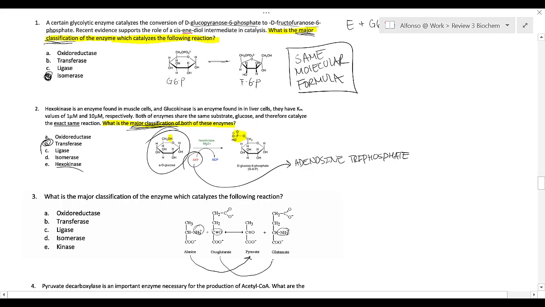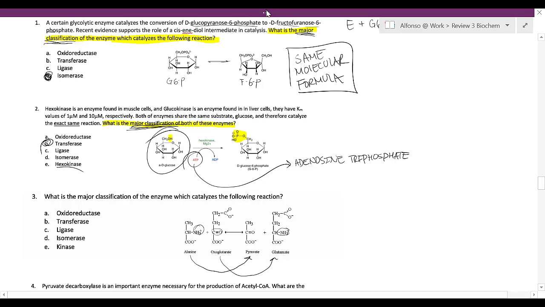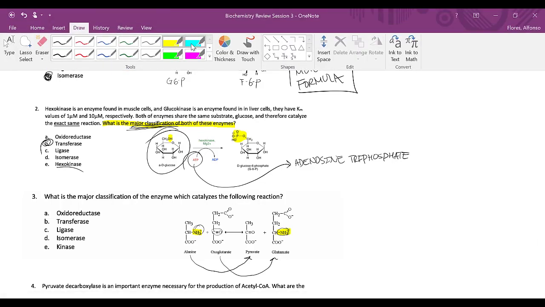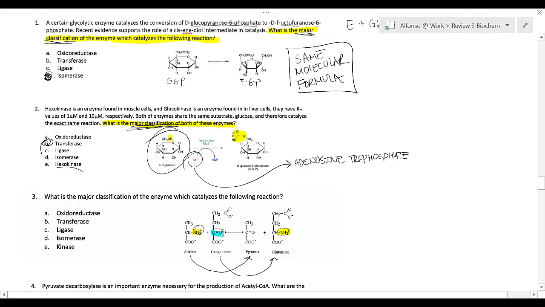So if you see that there was a transfer of functional groups, alanine got turned into pyruvate, oxoglutarate got turned into glutamate, and the way that happened was by an enzyme taking this NH3 plus, giving it to oxoglutarate.